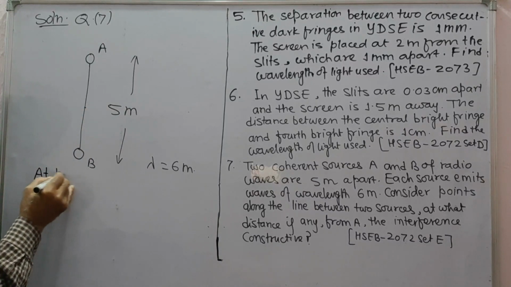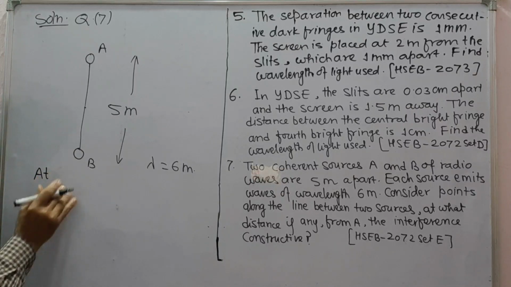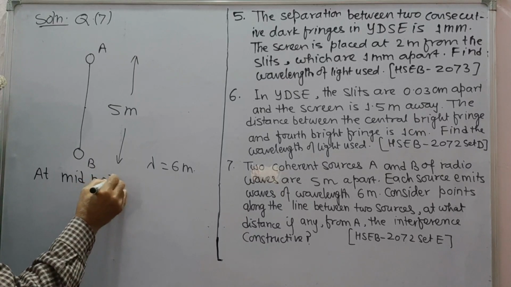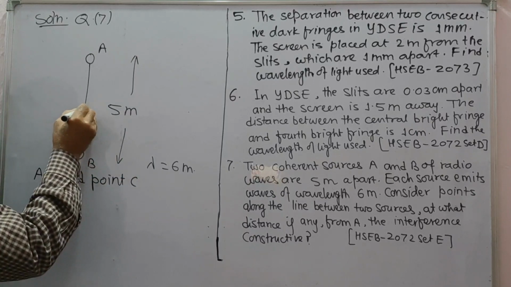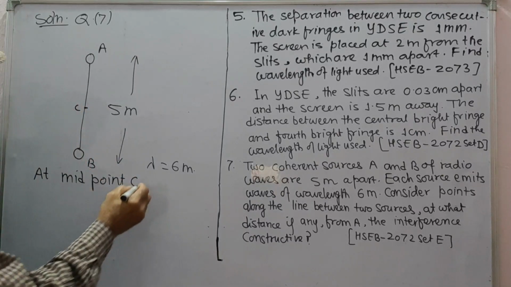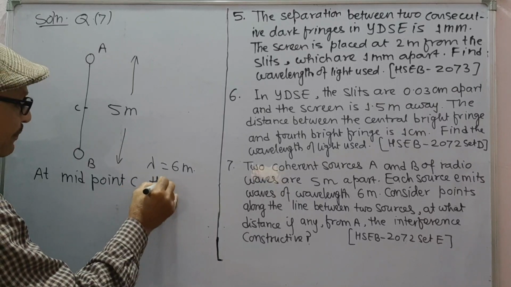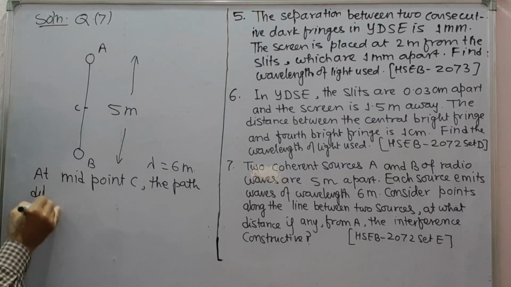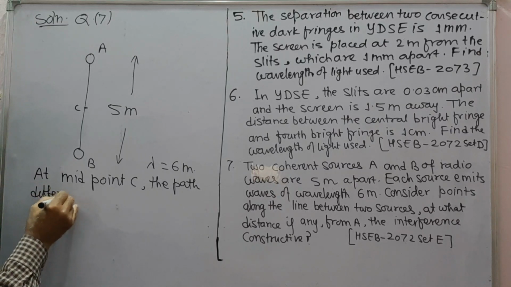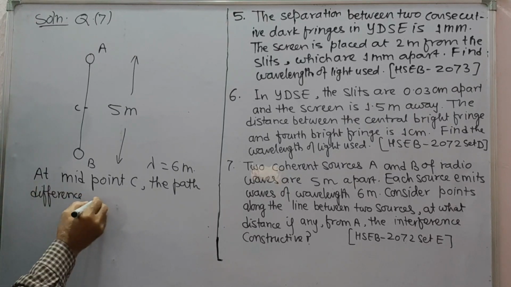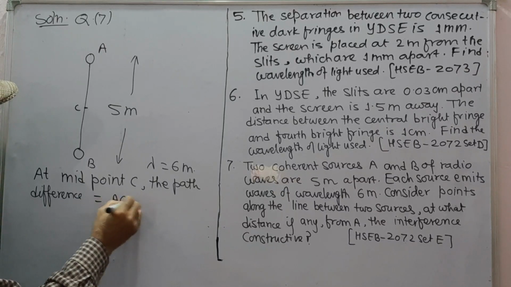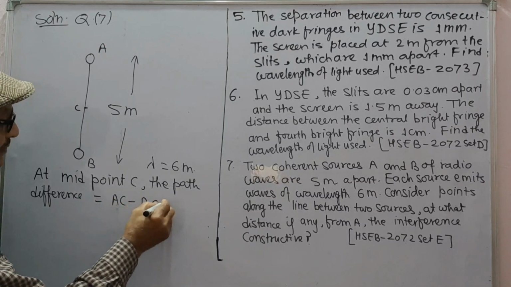At midpoint, suppose this is C, the path difference AC minus BC will be 0.